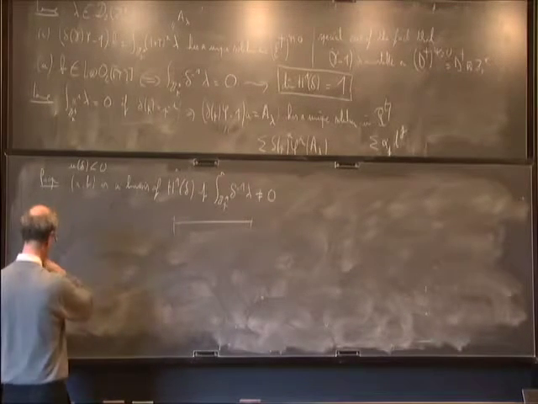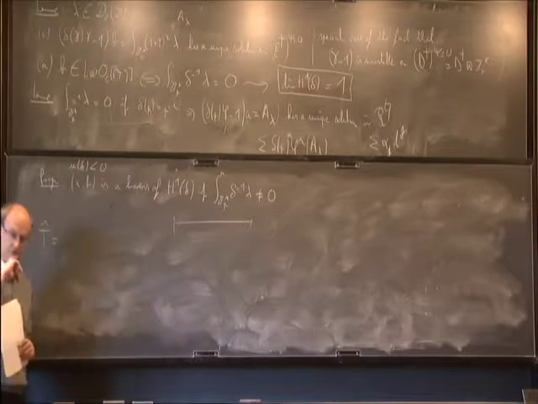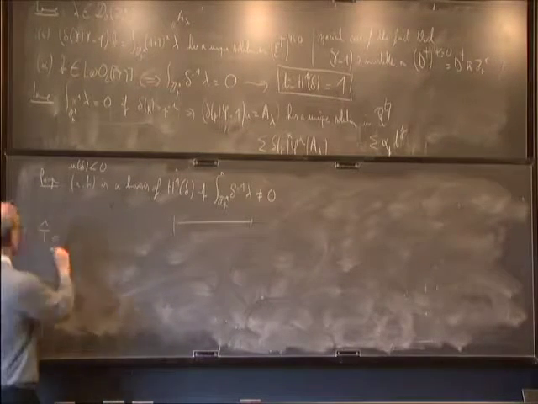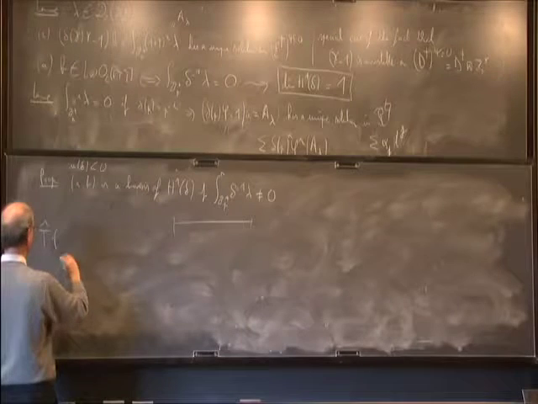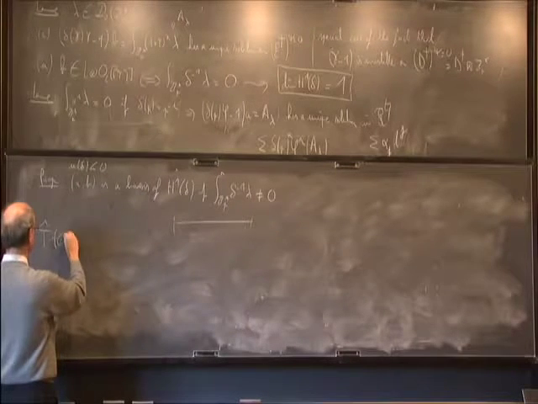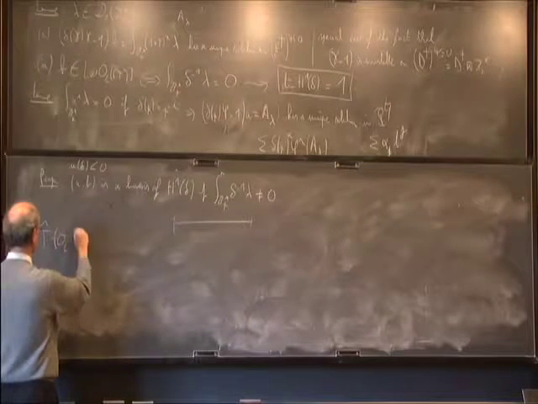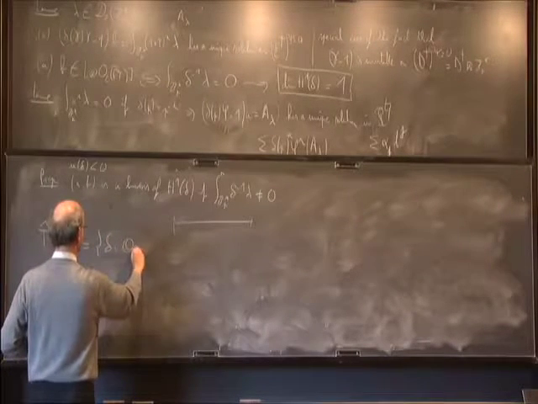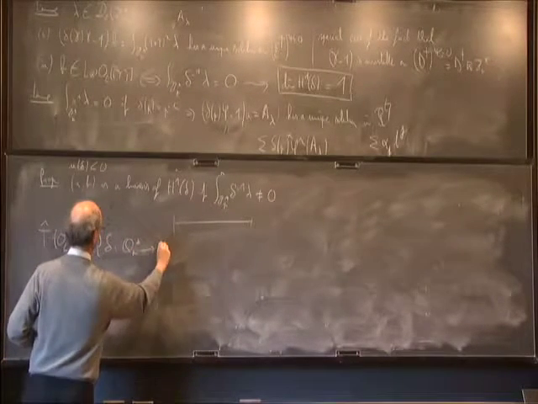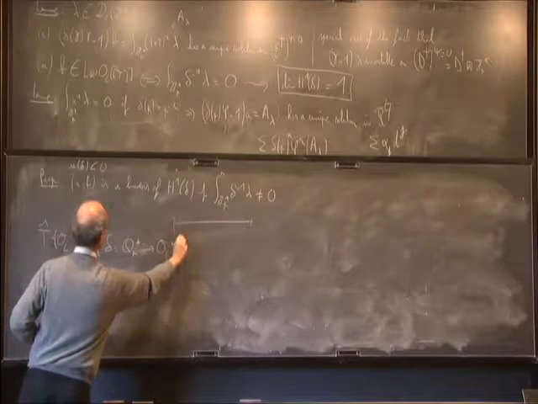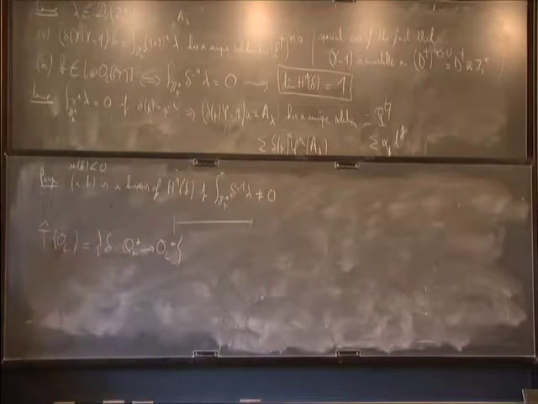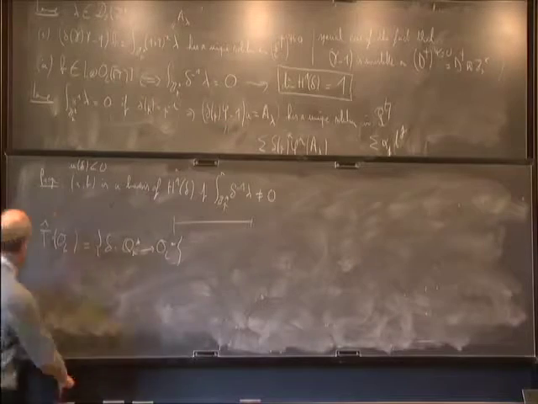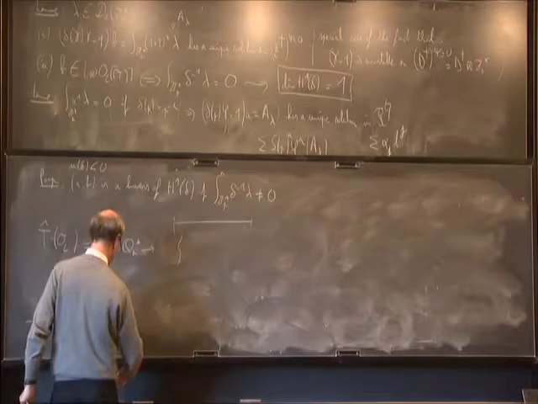It's a formal scheme, defined by the fact that T hat of anything is the space of continuous characters from Qp star to L star.